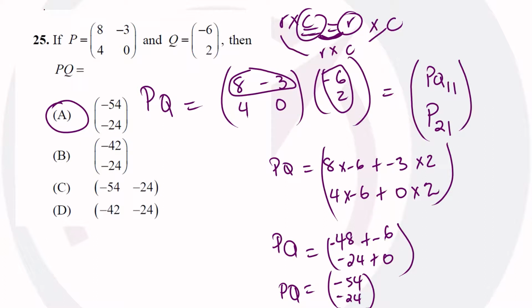In this case we had a 2 by 2 here and a 2 by 1. Because these two are equal, I automatically get a 2 by 1. A 2 by 1 means it has 2 rows and 1 column. So we want to find the element in row 1, column 1 and row 2, column 1. Let's try our next one.